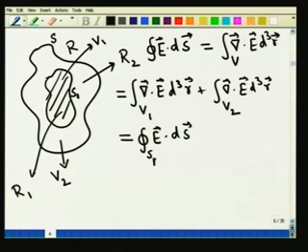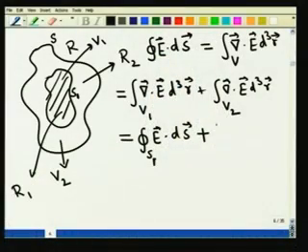What about the next volume integral? We did not write Gauss's theorem for the case where the volume was bounding a surface and was bounded by a surface, like in this case. So in order to evaluate that, I will rewrite it as the integral over V2 of the divergence d cubed r.